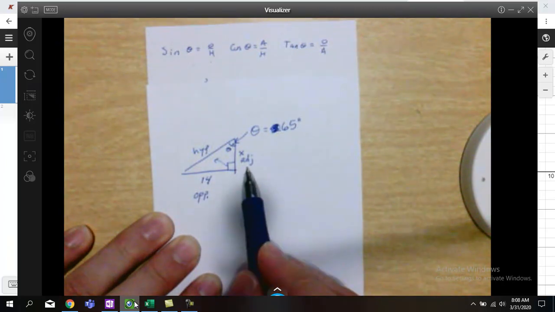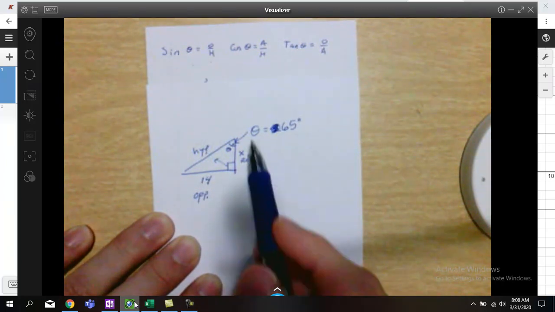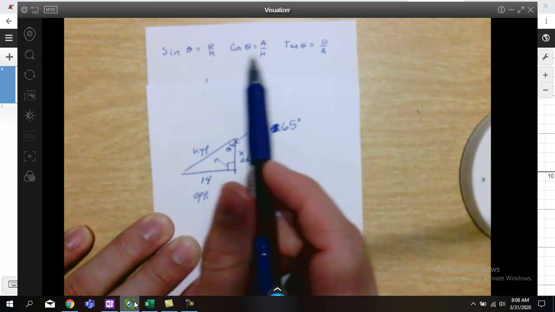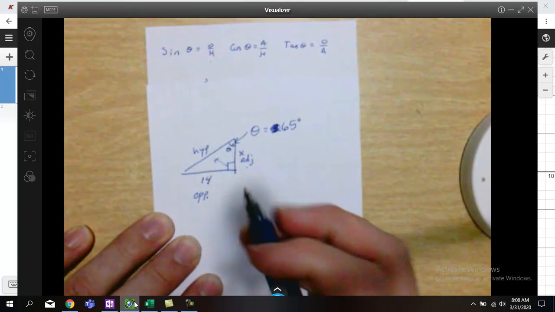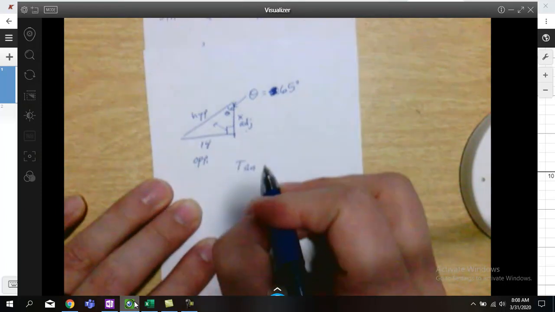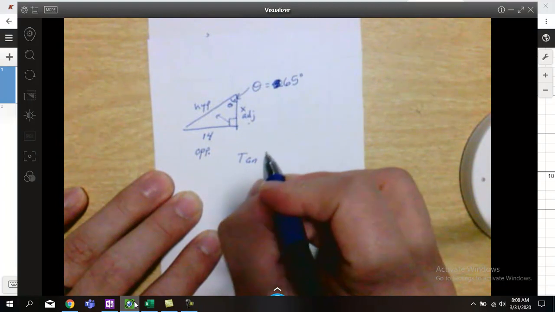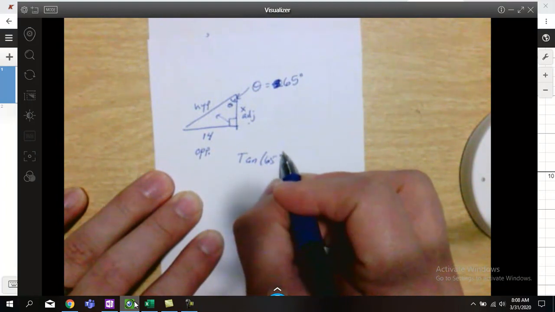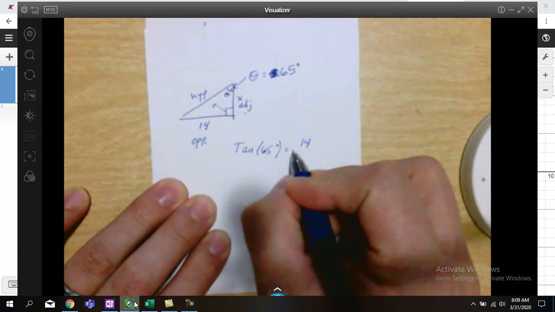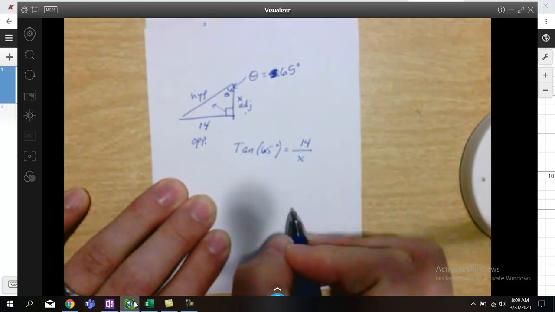But I'm looking to find the adjacent, which means the hypotenuse is not the right choice. I don't want sine, I want tangent. So when I set this up, we'll have the tangent of theta, which is 65, equal to the opposite side, 14, over the adjacent x.